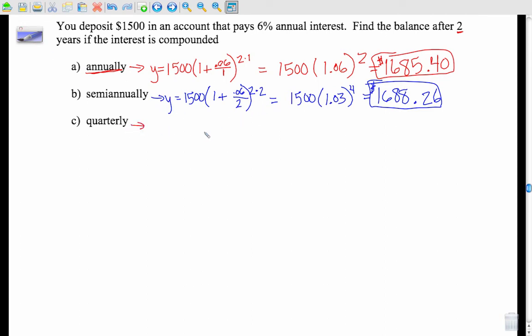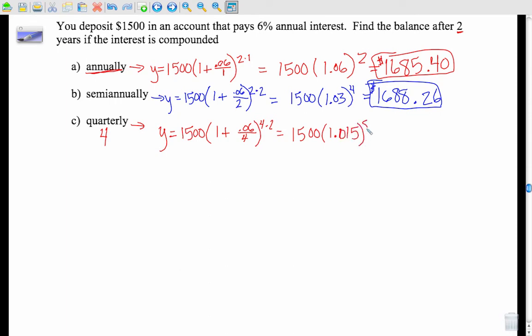And the last one we're going to take a look at, switching back to red here, is quarterly, using the exact same formula, except quarterly means 4 times a year. So I'm going to go y equals 1,500, which is my starting value, parenthesis 1 plus 0.06, divided by 4, and if I have a divide by 4 here, I have to have a times by 4 up here.